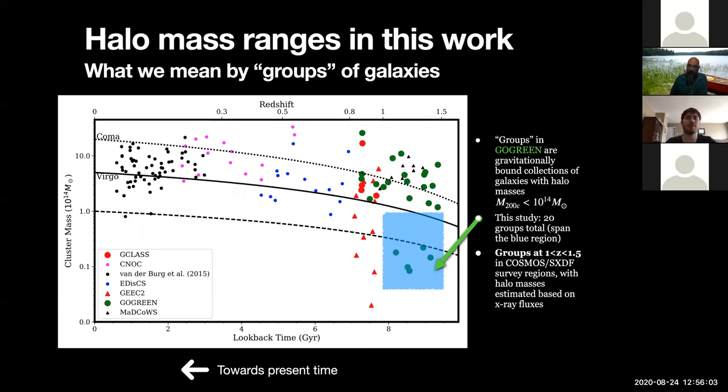And so the region I'm probing in this work, that I'm going to do a broad overview of, is basically redshifts 1 to 1.5, and it's about 20 groups, not just our go-green spectroscopic groups, but additional groups in the Cosmos and SXDF survey regions. And halo masses are estimated using X-ray fluxes, although we also do velocity dispersions as a check.